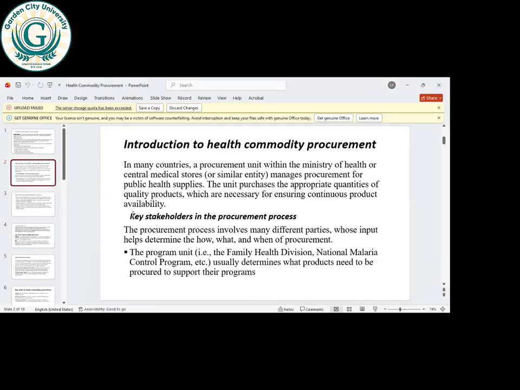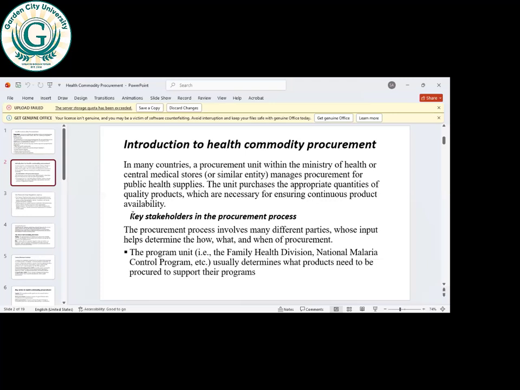So let us look at the introduction to health commodity procurement. In many countries, like ours, a procurement unit within the Ministry of Health or central medical stores manages procurement for public health supplies. So the unit purchases the appropriate quantities of quality product which are necessary for ensuring continuous product availability.